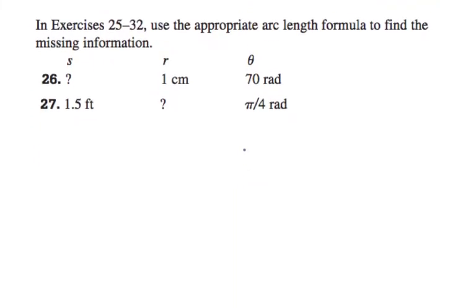Alright, the next one here, we're going to use the appropriate arc length formula. Both of them are in radians, and so your appropriate arc length formula is S equals r theta. You don't need the pi over 180 because it's already in radians, as you can see.